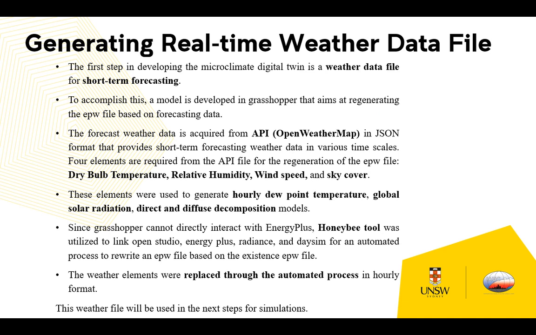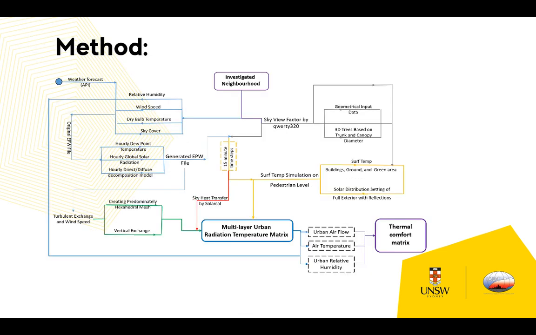The modeling is done through Grasshopper, and as we cannot use EnergyPlus directly in Grasshopper, we use Honeybee. So after we reach this EPW file for the short-term forecast, it is more accurate in comparison to the real EPW files.